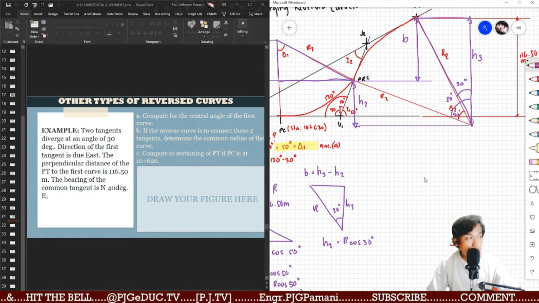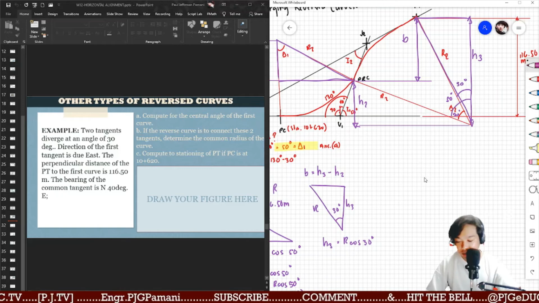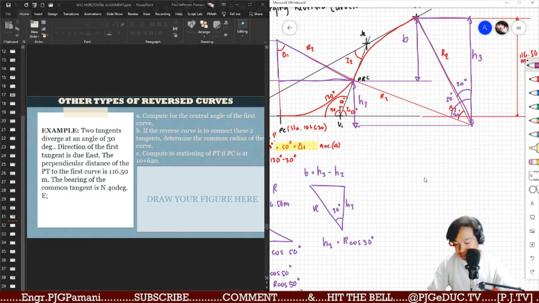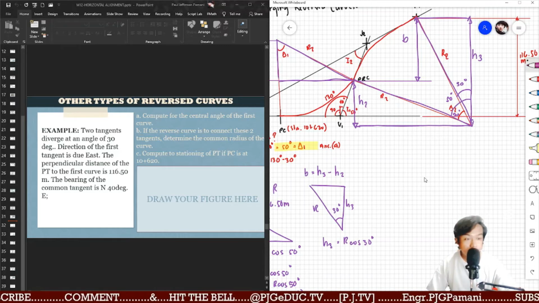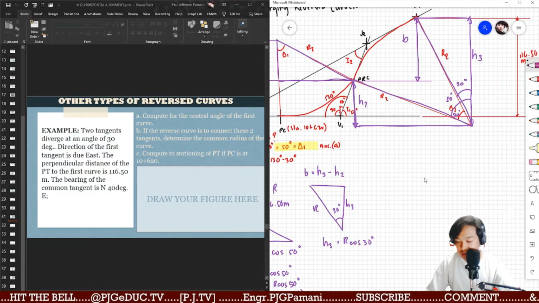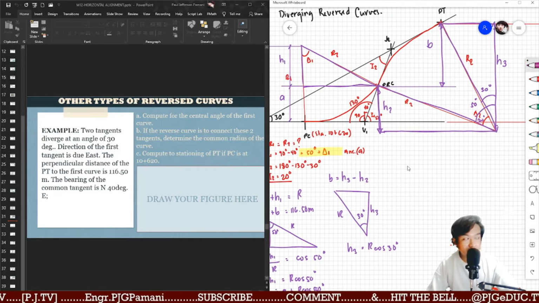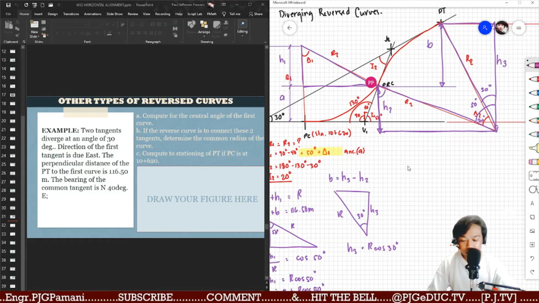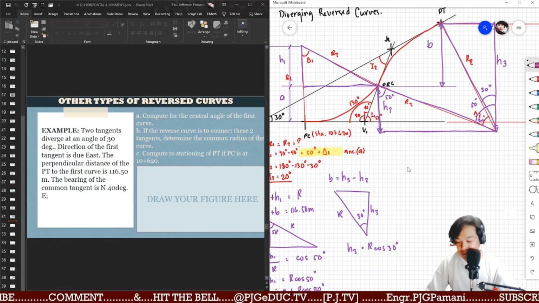Then, for the next one, H2, ito naman yung triangle natin sa H2. H2, parehas lang dito sa triangle nung pinagkuhunan natin ng H1. So basically, that is also 50 degrees. Ilabas natin yung triangle na yan.